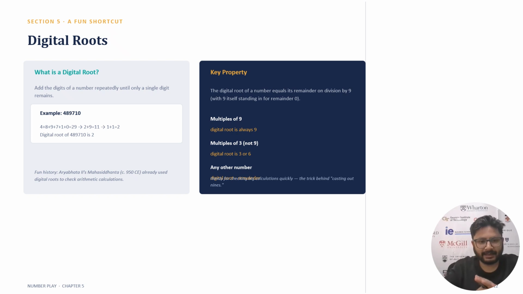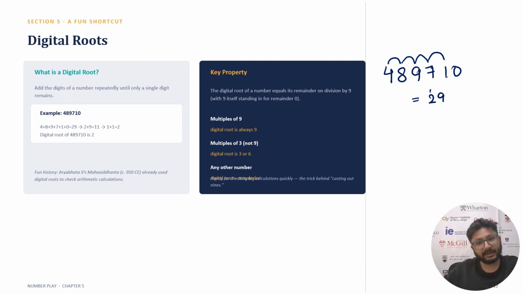And finally, there is one thing which is the digital roots. What are the digital roots? Digital roots are nothing but you add up the digits of the number. So for example, the number given on the screen, 489,710: I'll add up 4 plus 8, 12, 12 plus 9, 21, plus 7, 28, plus 1, that is 29.